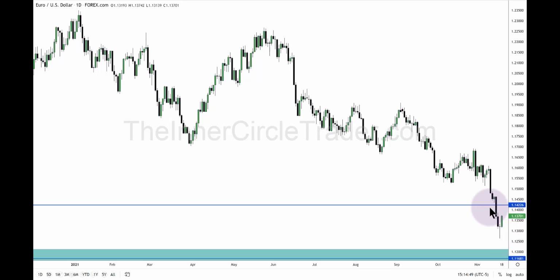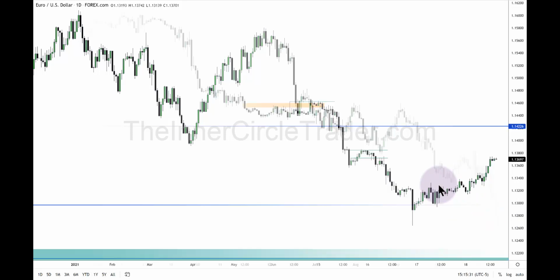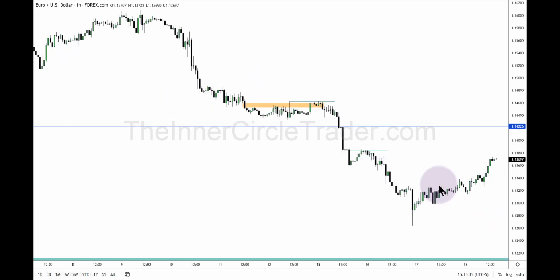We could see, again, more lower prices on dollar, and that would send us back up into this area here, maybe retouch the 114.20, 114.25 level. You can see the imbalance that exists in here with relative equal highs. It looks like we're just starting to accelerate, maybe run right back up into that on Friday. If it overshoots that old low, we have this imbalance in here as well.